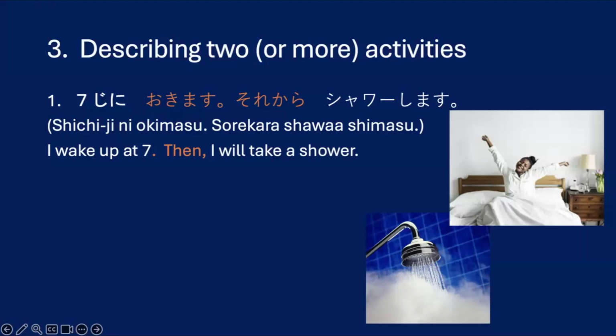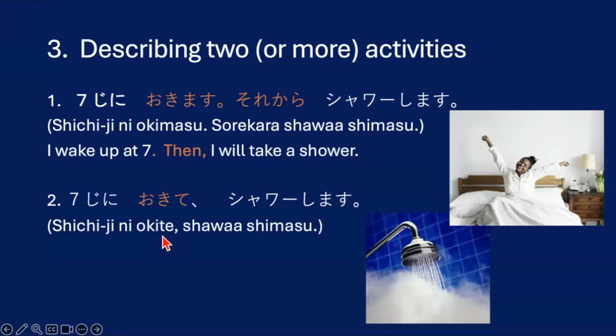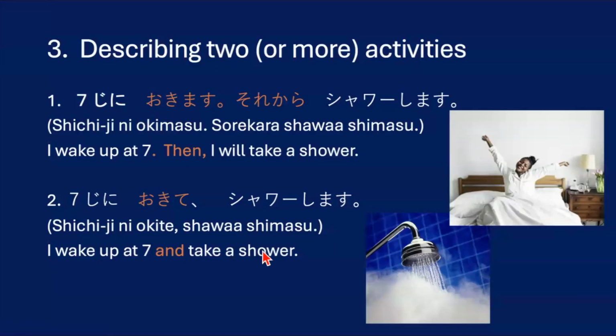So before lesson 6, this was how we would make sentences to show two actions. But now you can do this. 7時に起きて, te form of 起きる。7時に起きてシャワーします。Okay, so this is one sentence. It's the same thing, but I wake up at 7 and take a shower. Same, basically expressions or the facts, but this number 2 sentence is more complicated, right? So your sentence structure has a little more complexity.